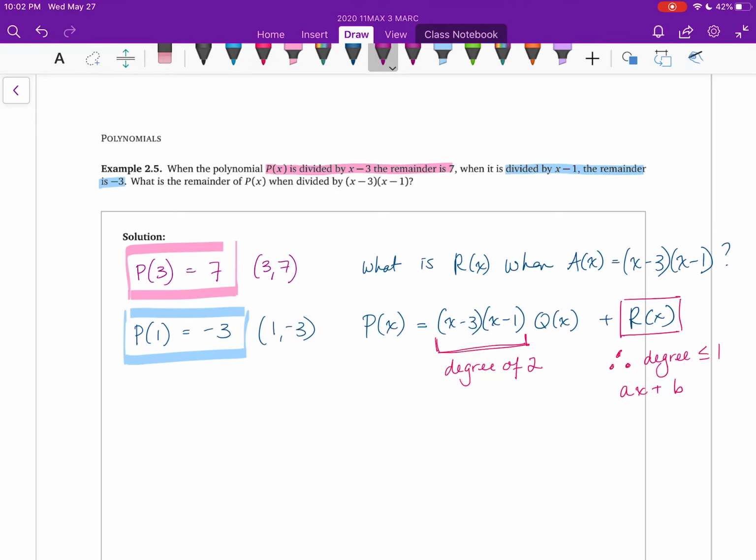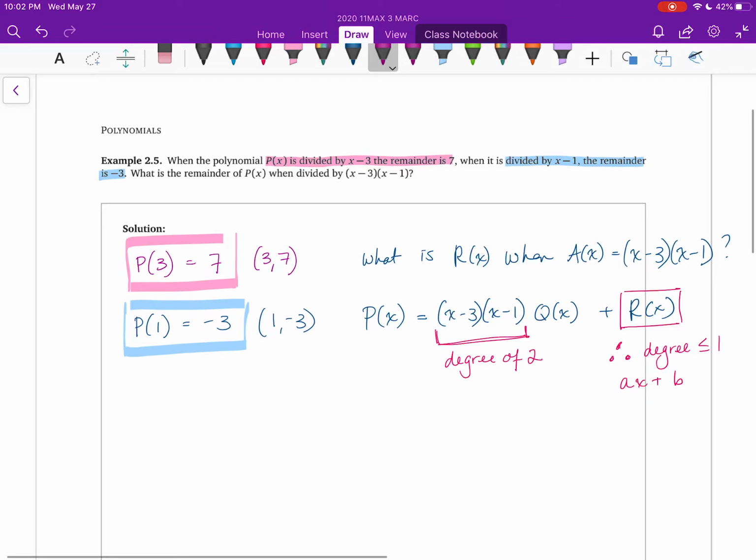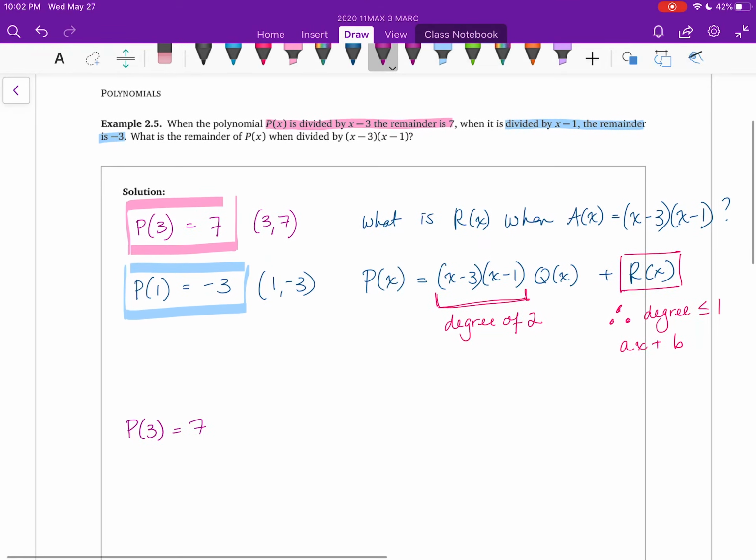So now that's where this other information comes into play. We'll use this other information, as in the p of 3 equaling 7. We'll use this similarly to what we did in the previous example. So when x equals 3, we know r of x equals 7.